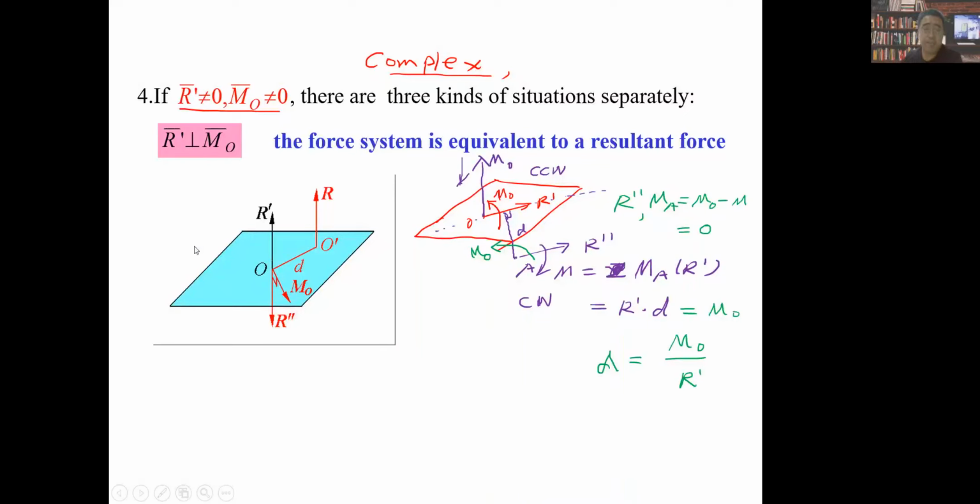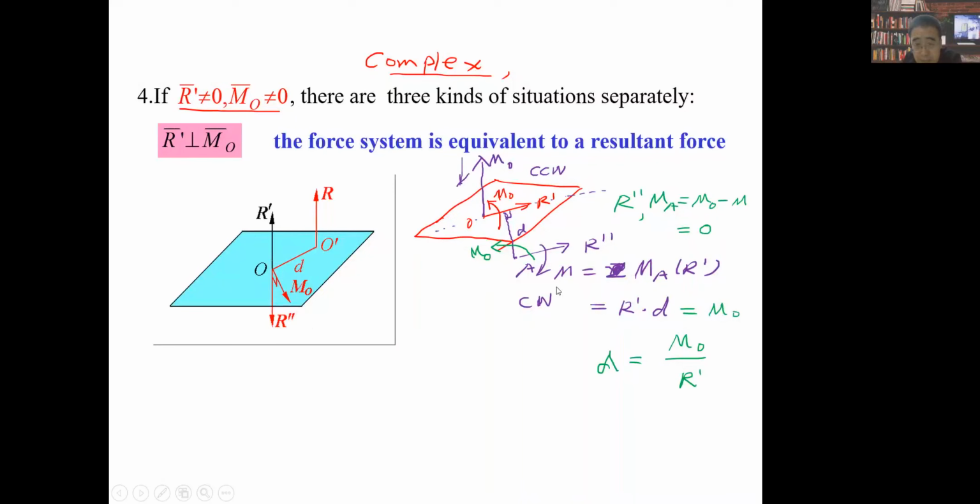That means the first condition is if R prime and MO are both not zero, plus the subcondition that R prime is perpendicular to MO, then we can find another point, and the resultant of the original force system just has this R prime.